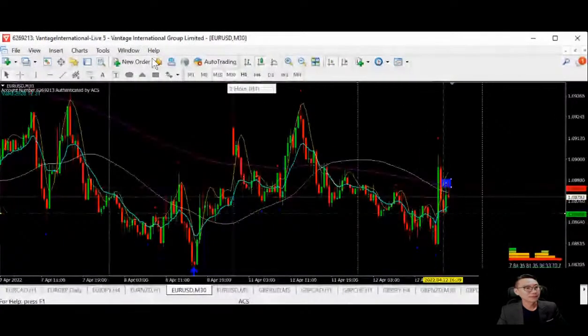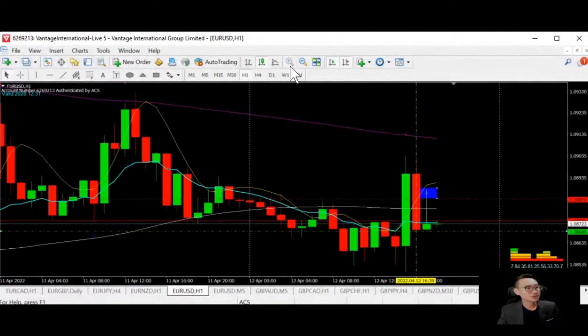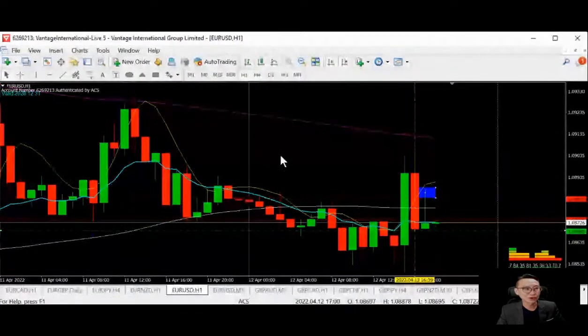Over this part here, euro dollar. Let me check euro dollar. I will still be saying that we are still within the range. You see this, in the one-minute chart you cannot see the swing at all.